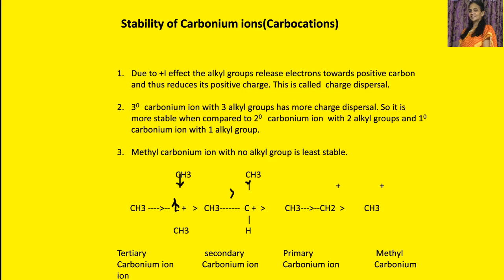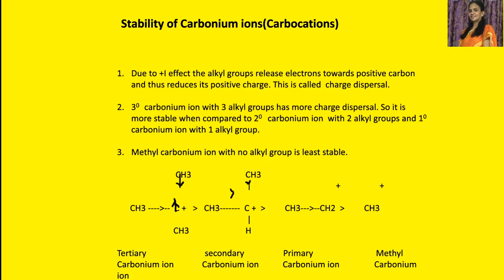If we consider the tertiary carbonium ion, three alkyl groups give more charge dispersal. So this is the tertiary carbonium ion. Here the carbon is there, with CH3, CH3, CH3. This carbon suffers with positive charge. Due to the plus I effect of three methyl groups, the charge dispersal is more. Therefore, it is more stable.